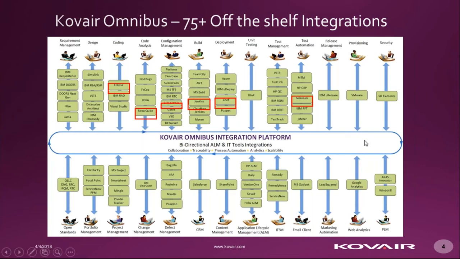So here, on one hand, we are using Kovair for managing the automated DevOps workflow, tracking metrics and reports over various dashboards, and on the other hand, using it for tracking the releases, sprints, and backlogs.